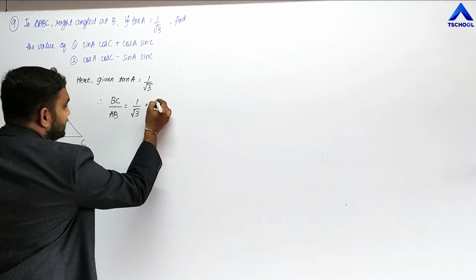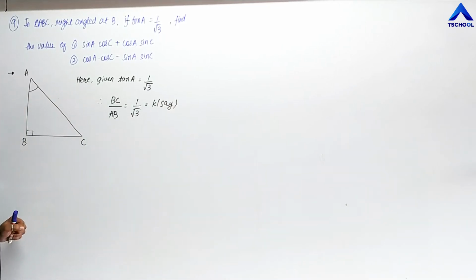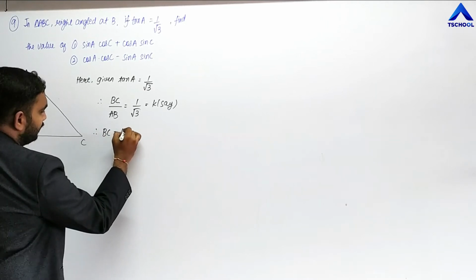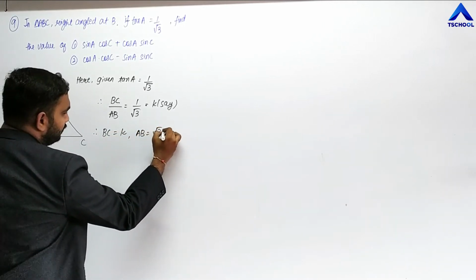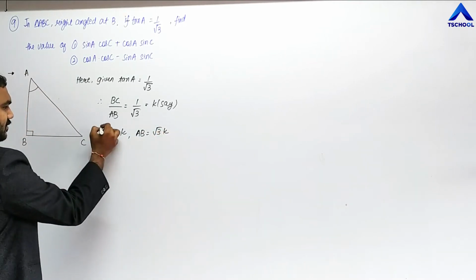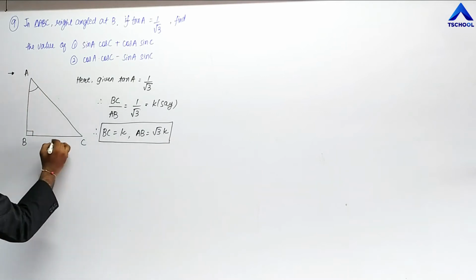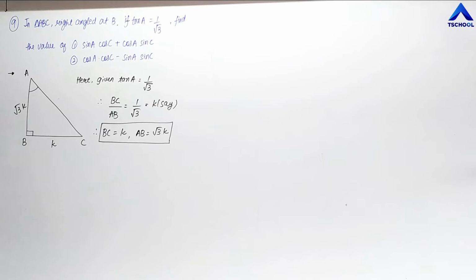Right. Therefore, we can directly find out the values. Let us say that this is equal to K. Therefore, we can say that BC is equal to K and AB is equal to root 3K. So we got two of the sides here, that is K, that is root 3K. Okay, and we need to find out the hypotenuse.